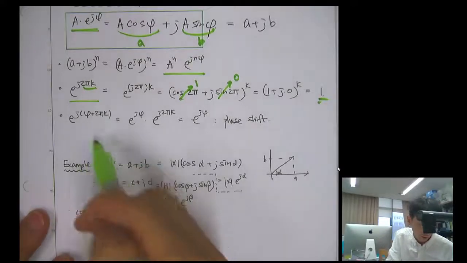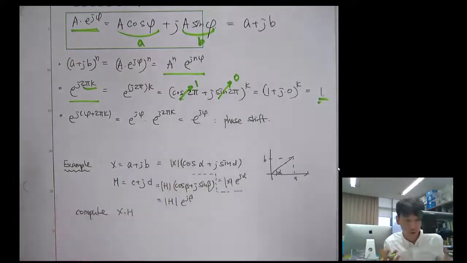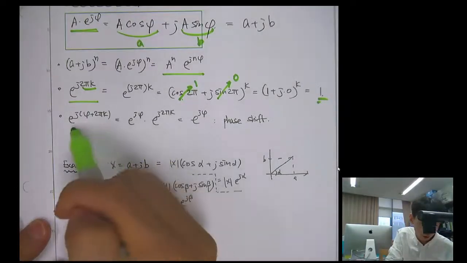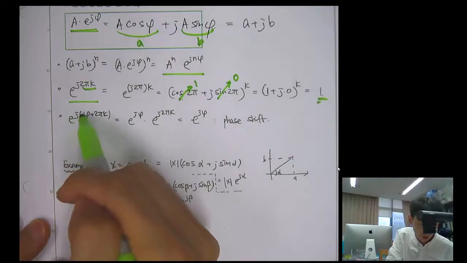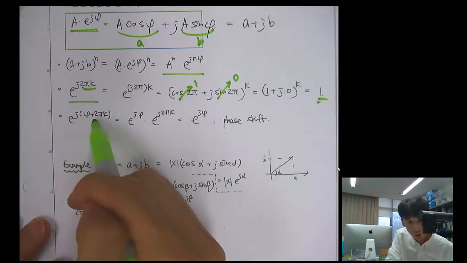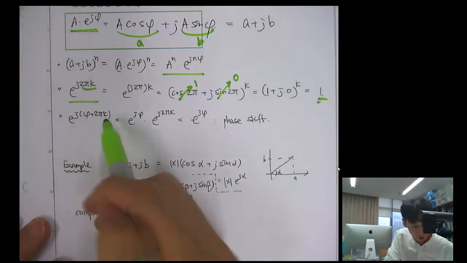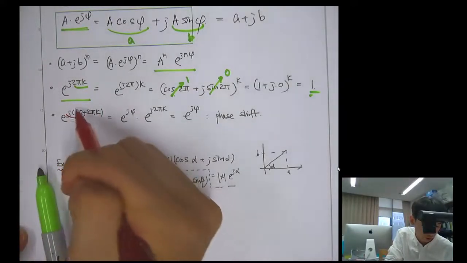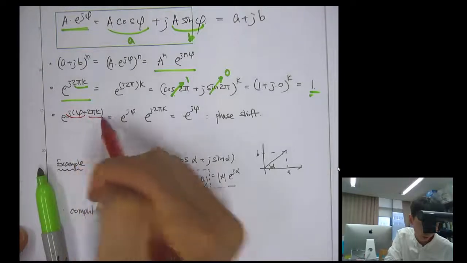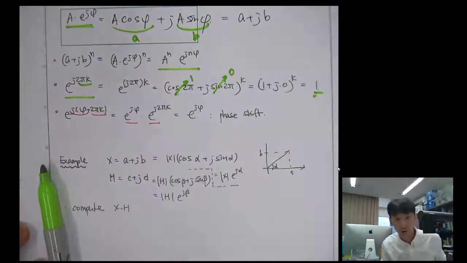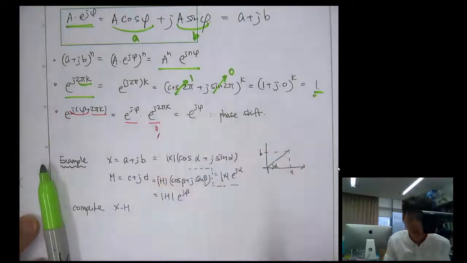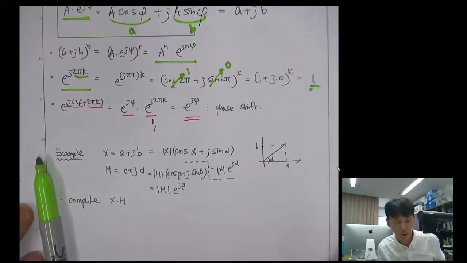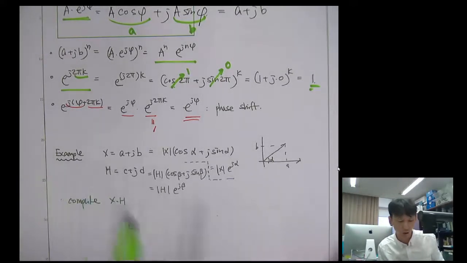So whenever there's an angle, if you subtract 360 degrees times an integer, it's just a phase shift. So here, e to the j times phi plus 2 pi k, we can decompose this into the phi term and the j times 2 pi k term, right? We know that the latter is 1, so only e to the j phi remains, and that's the phase shift.